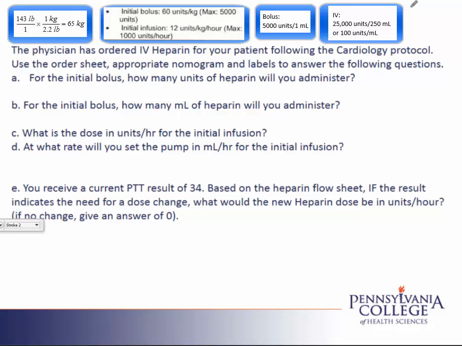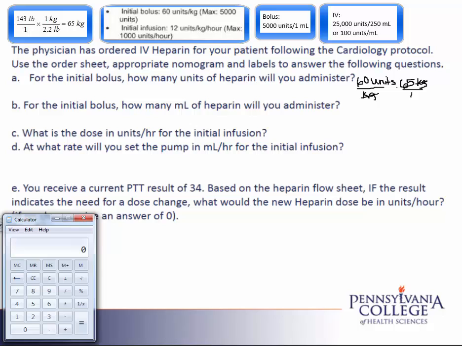Now, for the initial bolus, the protocol tells me that I am to give the patient 60 units per kilogram. So I take the 60 units per kilogram and I multiply by the weight to cancel the label of kilograms.